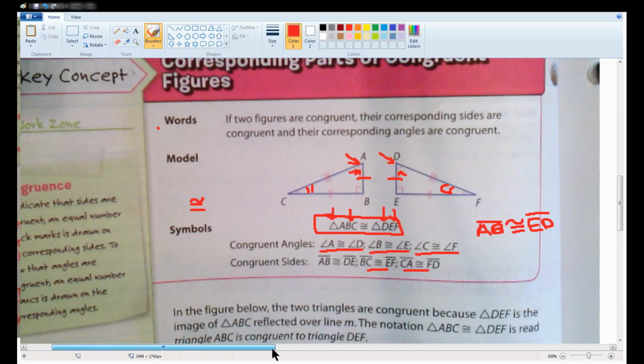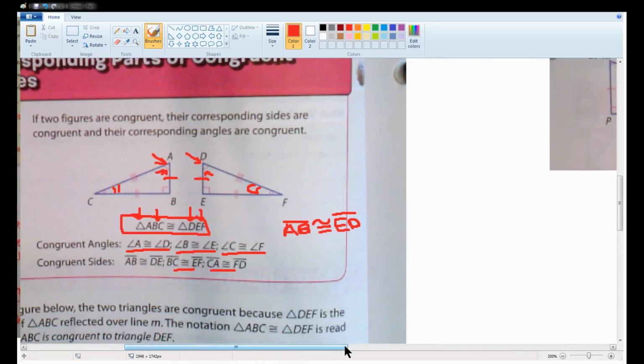I'm going to give you a congruency statement right here, just as a little side note. Here I've got a triangle, and I'm going to call this triangle HIJ. And I'm going to say that it is congruent with another triangle called DFL.